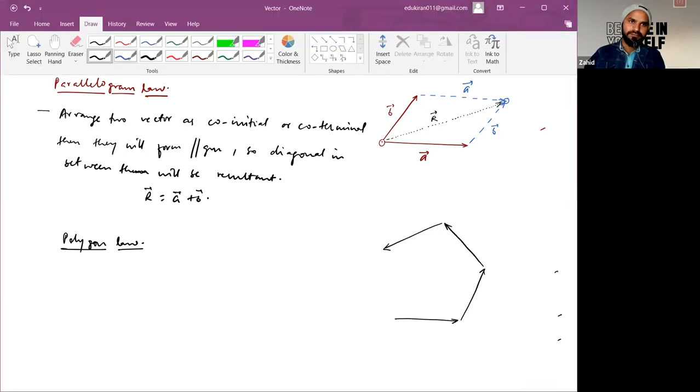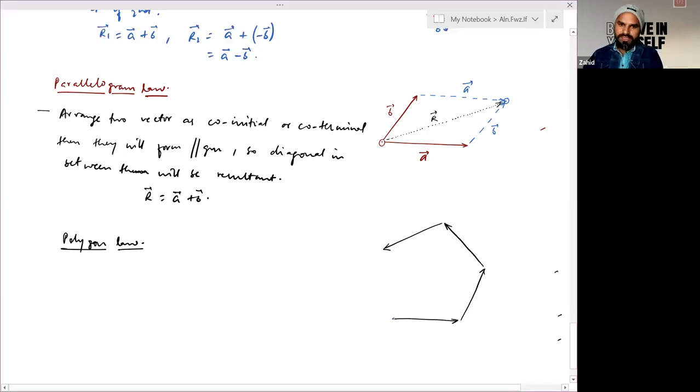Then start adding two at a time. So first from this point to this point, this is vector A and this is vector B. Let's say this is R1. So it will be vector A plus vector B.